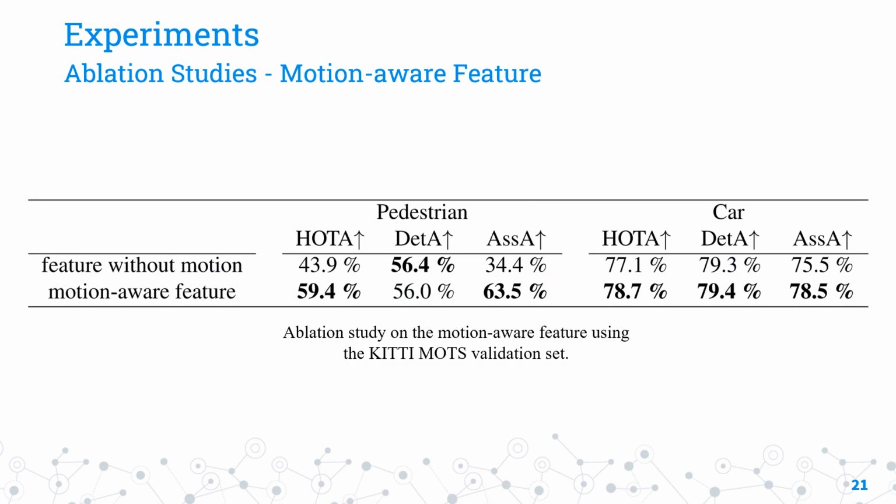For the ablation studies, we evaluate the importance of encoding motion into the feature map for search. With the motion-aware feature, the association accuracy and HOTA are significantly improved, especially for non-rigid pedestrians.